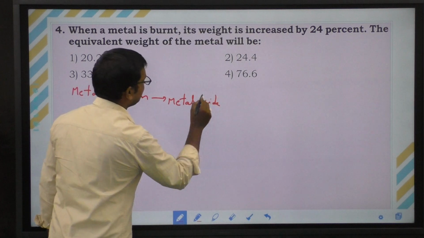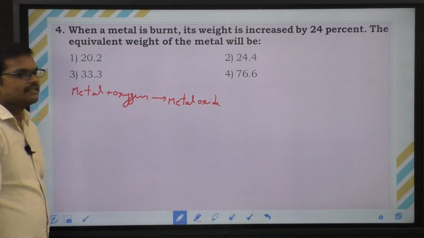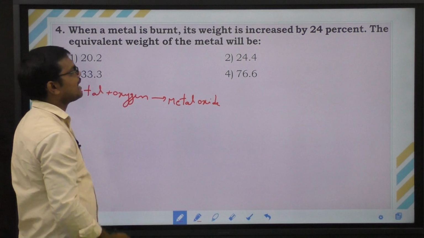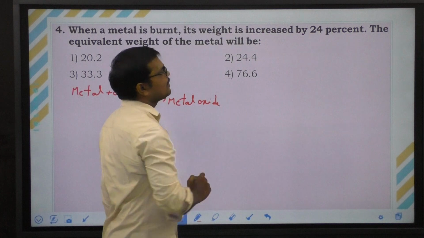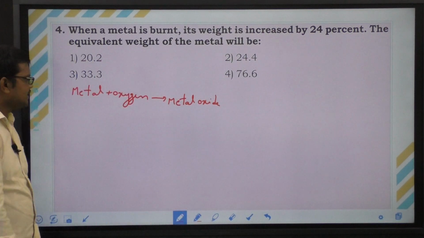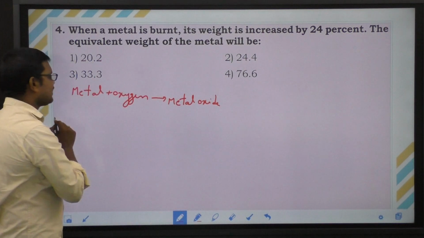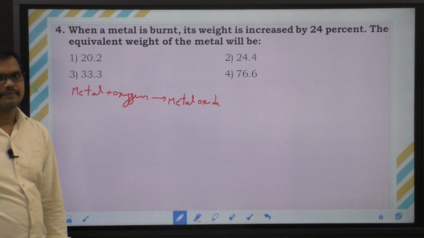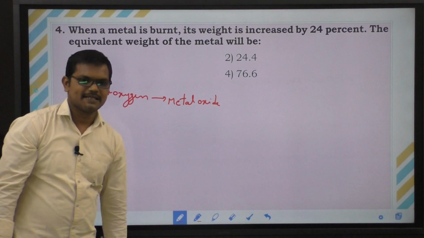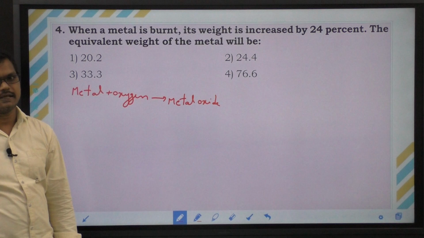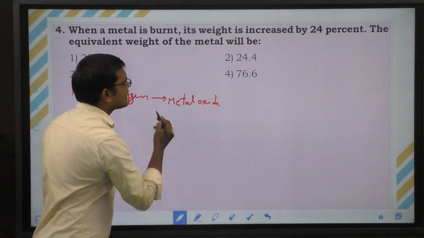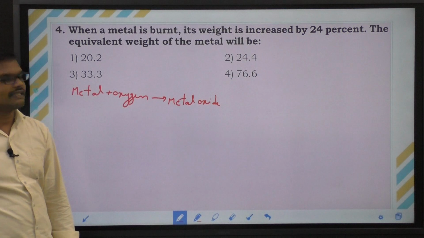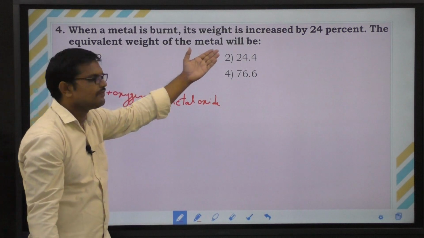Its weight increases by 24%, so if the mass of metal is m, the increase is m into 24 by 100. First find the equivalent weight of the oxide ion, then you will get the equivalent weight of the metal.